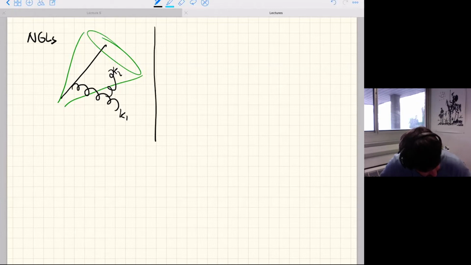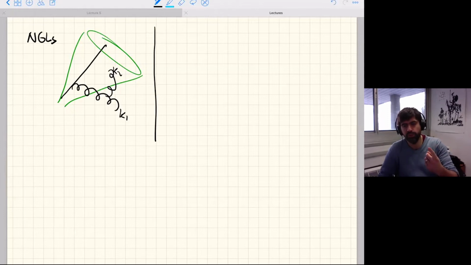Related to those is the fact that at some point you become also sensitive to the jet algorithm that you use to identify your jets. So if you have only one gluon, I told you that the gluon is either inside or outside the jet depending on its distance. So if it's at a distance less than R, it is inside the jet. If it's at a distance bigger than R, it's outside the jet. Now, if you have more gluons, this can be complicated.